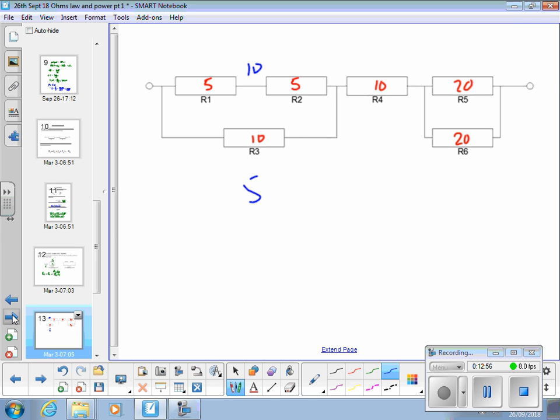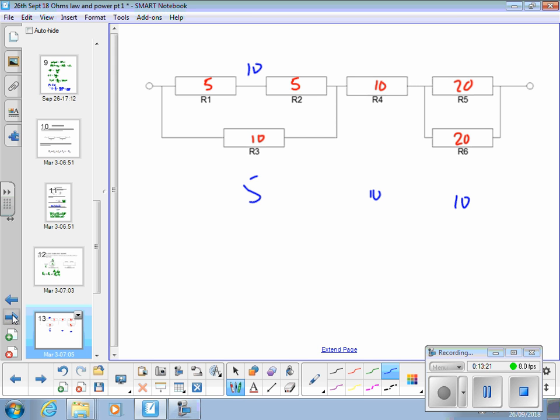So all of that is 5. That's 10. 2 10s in parallel make 5. 10 stays as it is. 2 20s in parallel make a 10. 5 plus 10 plus 10 is 25.